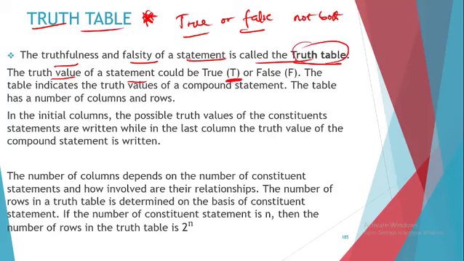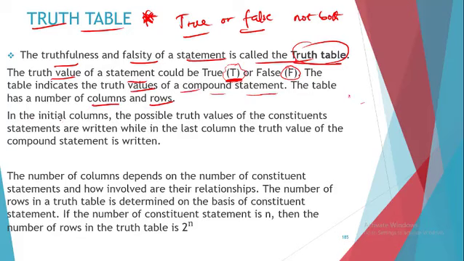The truth value of a statement could be true or false. When a statement is true, we use capital letter T. When it is false, we use capital letter F. The table indicates the truth values of a compound statement. The table has columns and rows.